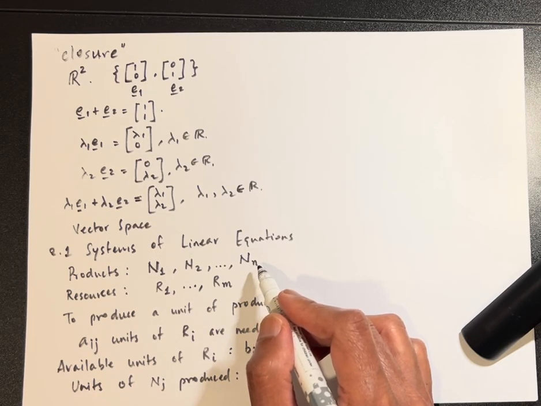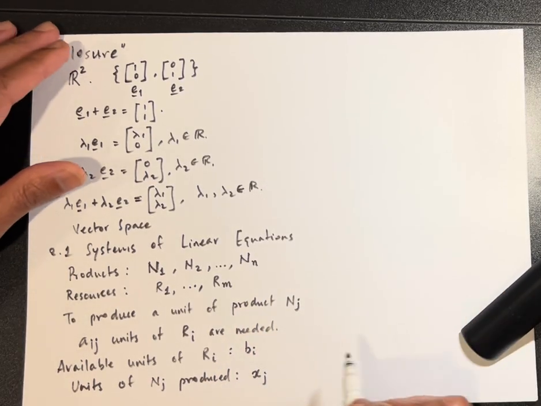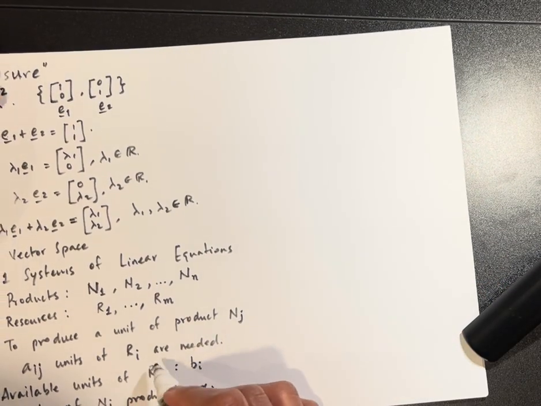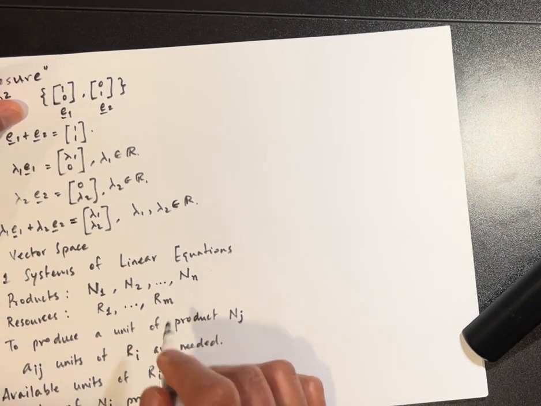We want to know, for making all these n products, how many units of Ri are required.